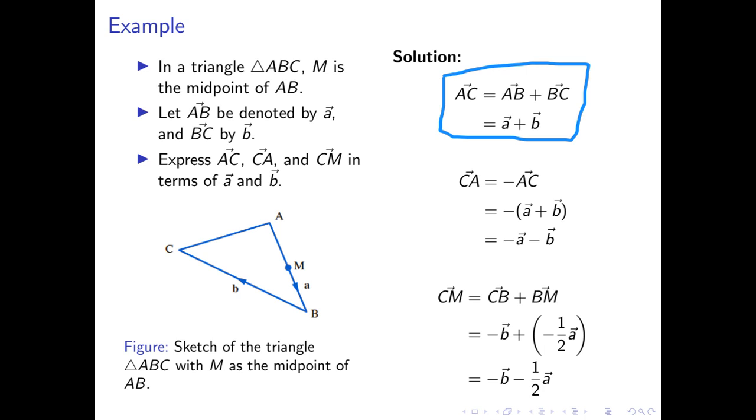You should then note that going the direction C to A implies you are going in the reverse direction of AC. And going the reverse direction of AC implies you must have negative AC. There comes this solution.